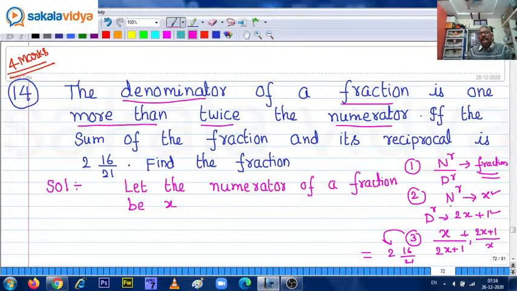See, the numerator is x. Then the denominator equals 2 times the numerator, that means 2x, more than 1, 2x plus 1.